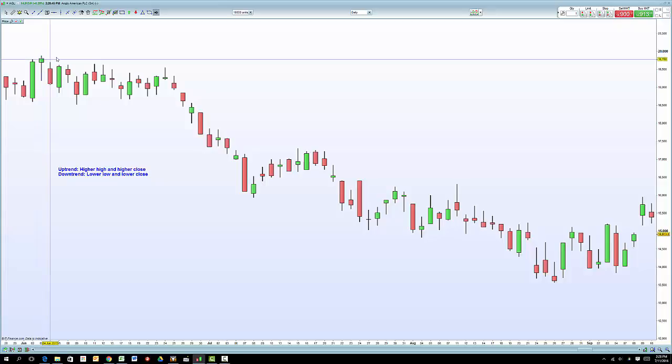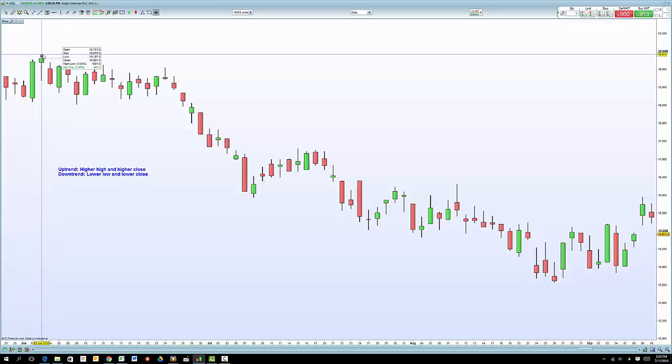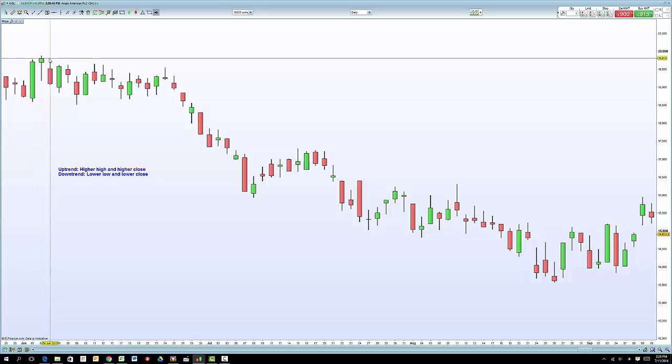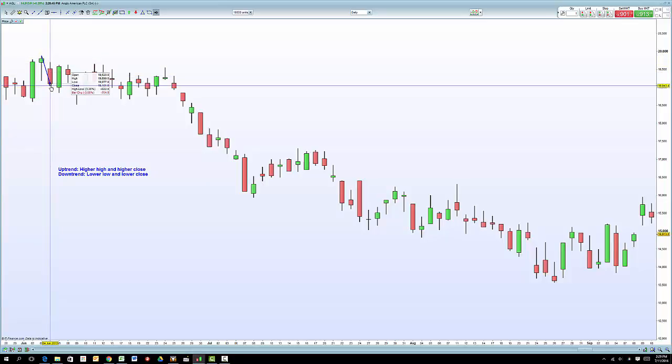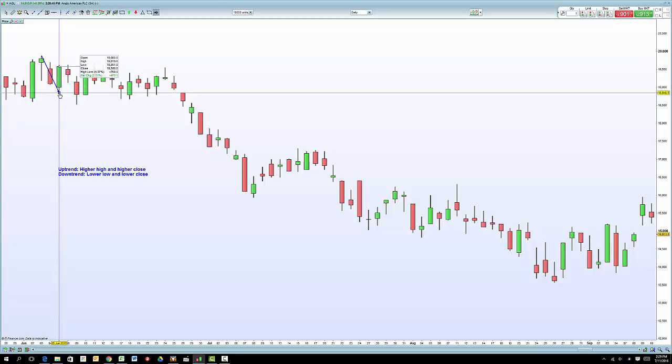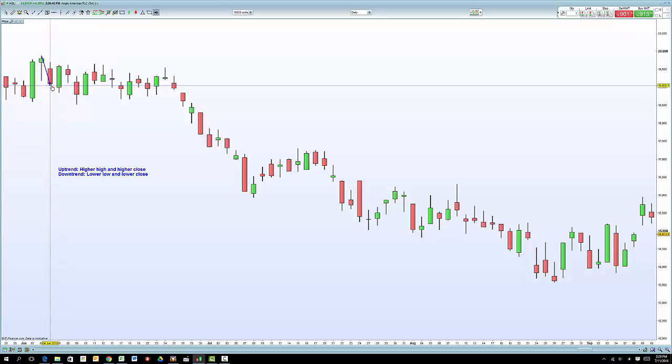So let's start off with this high level here, and we're going to look at each subsequent bar or candle. So if we're starting here, we look to our right. Here the next candle has a lower close and a lower low than the previous candle. So what we've got here is a move down. The next one has a lower low but not a lower close.